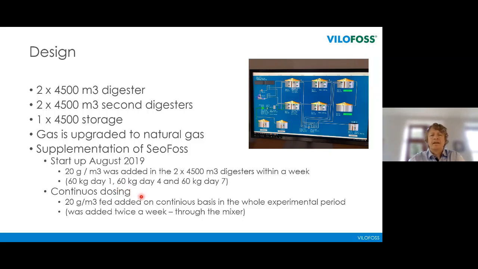So we calculated the amount of Seofoss needed. Again, the recommendation is 20 grams per cubic meter was fed. And this quantity is then added twice a week through the mixer.